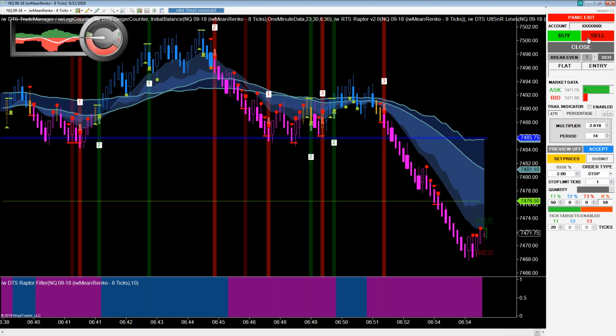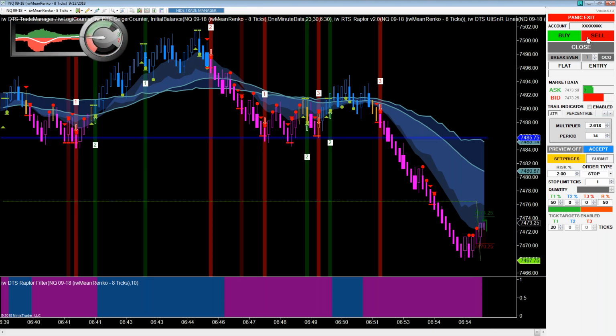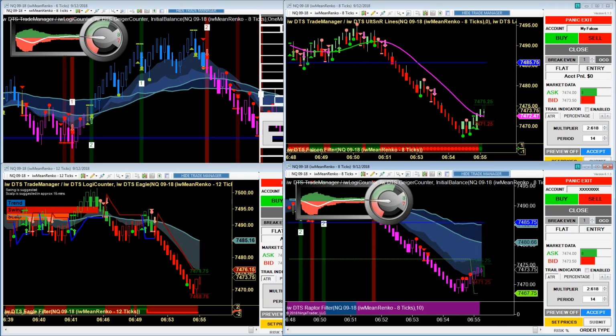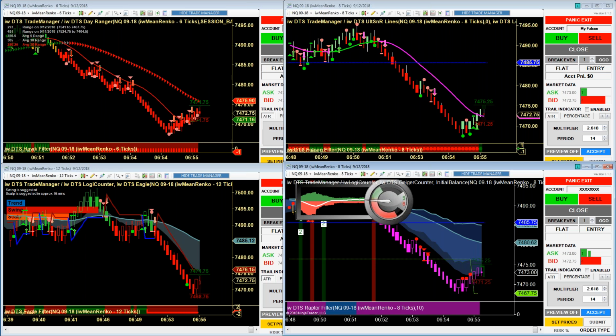Things could be a little dicey here the next couple of days because, of course, contract expiration on the NASDAQ is rolling up, and there could be more than a few traders migrating to the December contract.